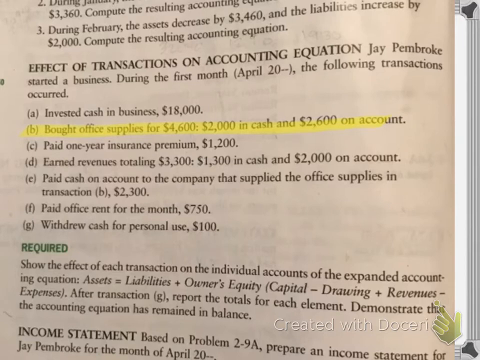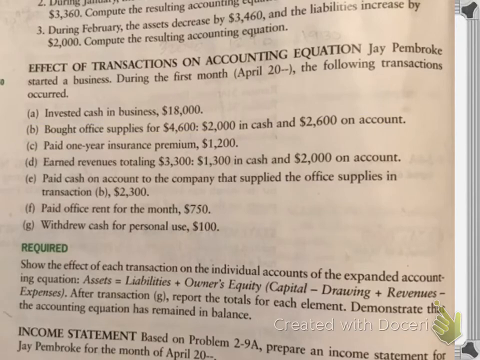Is it accounts receivable though, or accounts payable? Think about what's happening. If you are getting $4,600 in supplies, you're giving them $2,000 in cash, you owe the other $2,600. You're going to have to pay that $2,600 in the future, right?